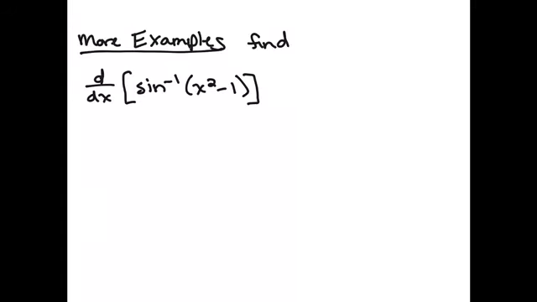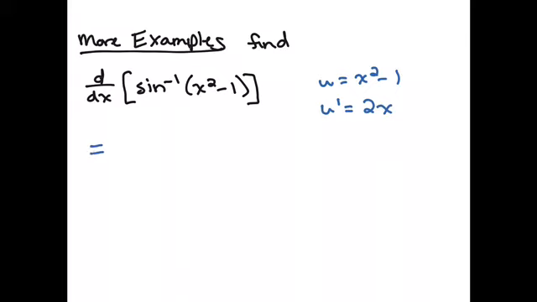Okay, now we're going to do some examples using the other notation for the sine inverse of u. And in this problem, we have u equals x squared minus 1. Then u prime will be 2x.